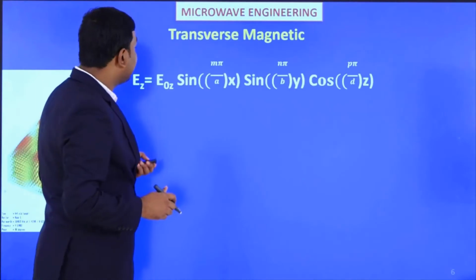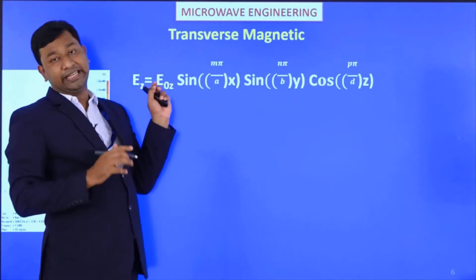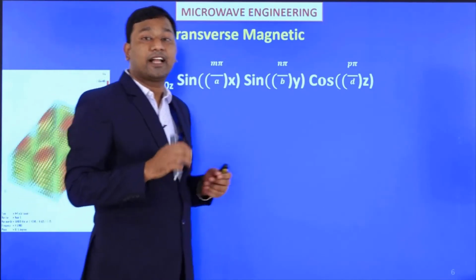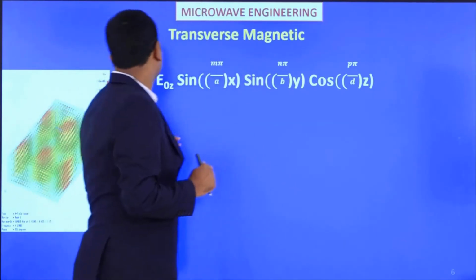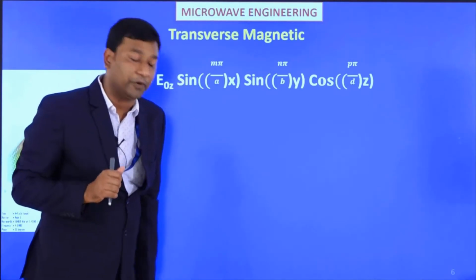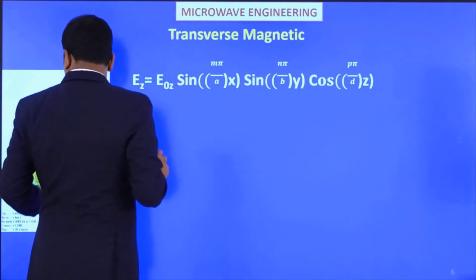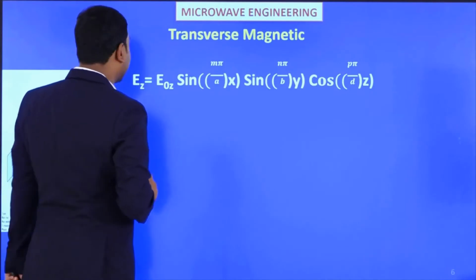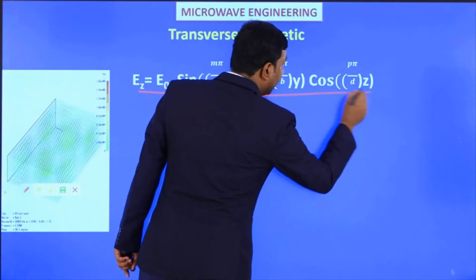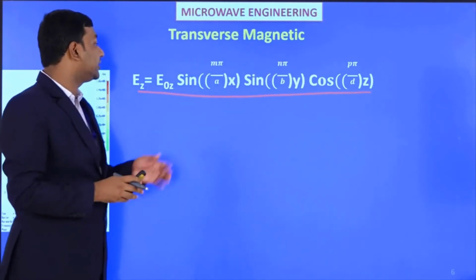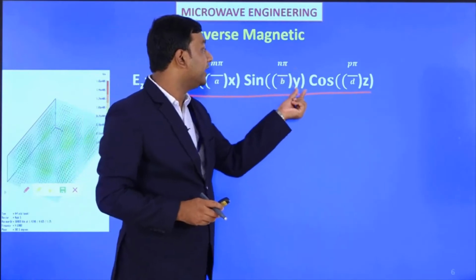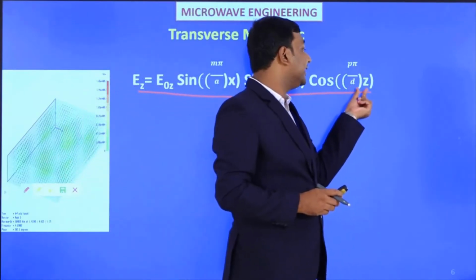Whenever we see the wave equation, two cases will be there: one is the transverse magnetic, another is the transverse electric. For the transverse magnetic case, we find only the electric field component. The electric field equation of the rectangular cavity is Ez equal to E naught z sin m pi by a x sin n pi by b y into cos p pi by d into z.